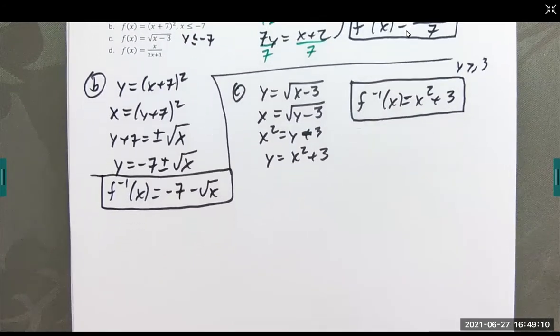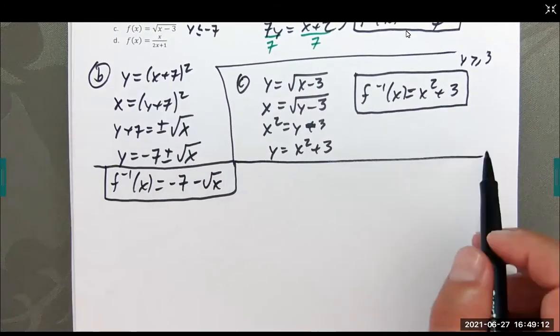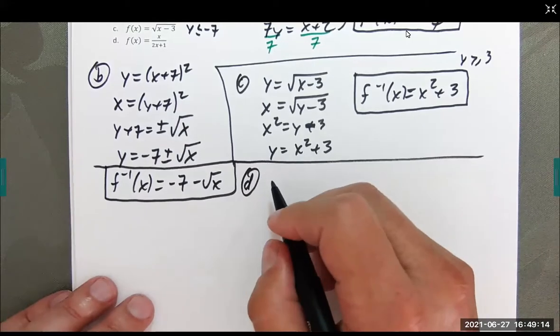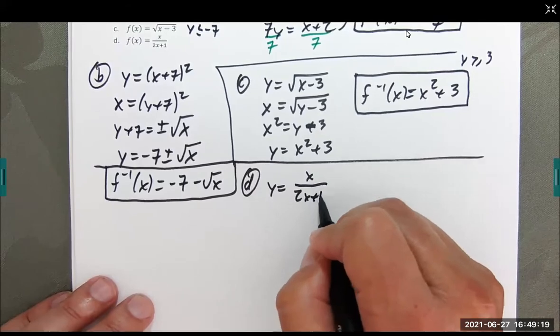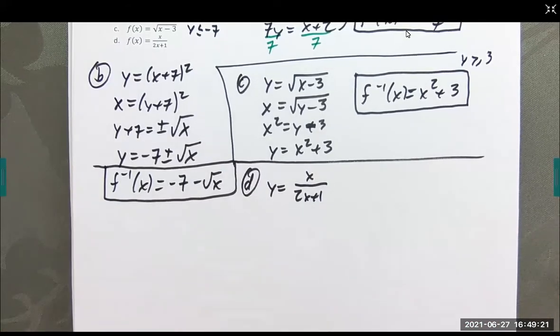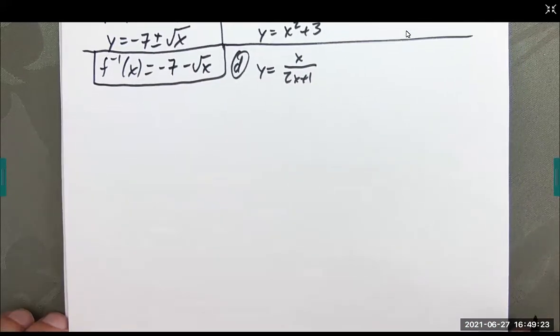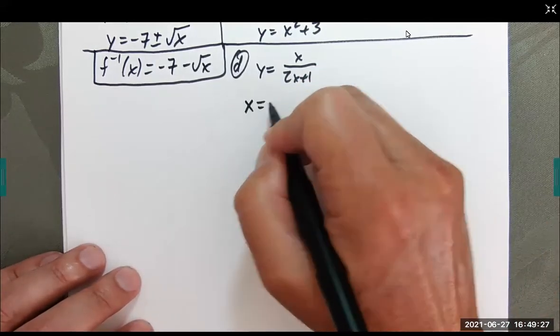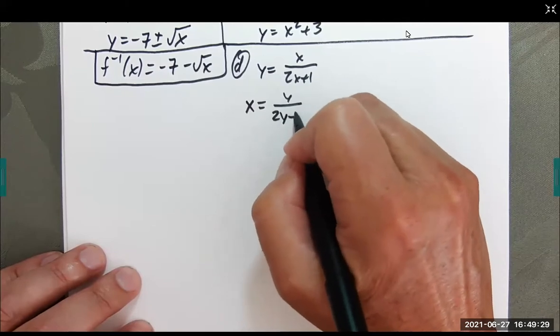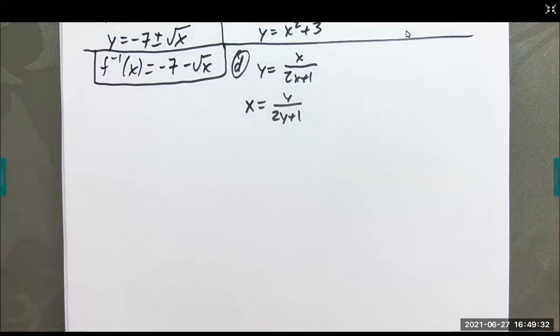Part D. Y equals x over (2x plus 1). Swap out the x's and y's. I'm going to multiply through by the LCD.